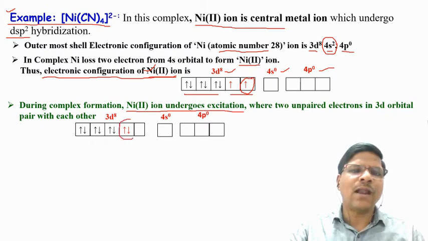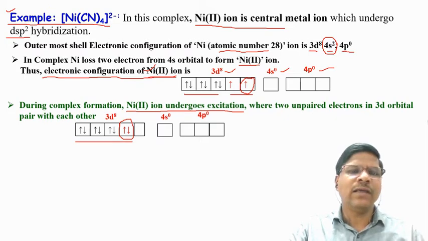In the ground state we have two unpaired electrons; in the excited state these two get paired in the inner orbital. So we get four d orbitals which are fully filled, one d orbital which is empty, the 4s orbital is empty, and the 4p orbitals are empty.